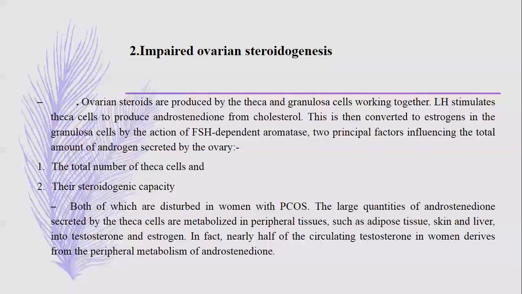These tissues will convert it into testosterone and estrogen. In fact, half of the circulating testosterone in women is derived from the peripheral metabolism of androstenedione. So, in such women, we will get excess estrogen and excess testosterone, which is peripherally converted, not all inside the factory of the ovary.